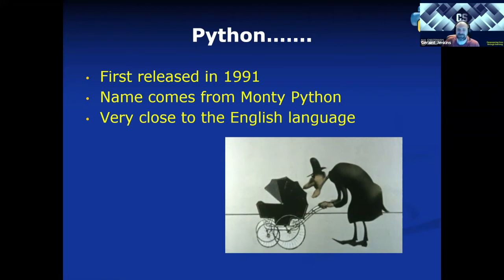Unfortunately, that seems to have stopped, and now it's coming out of America and China. Britain was at the forefront of computer science, and Python came from Britain. It was named after Monty Python, which was a comedy TV show that was on the TV here back in the day. That's where the name came from.